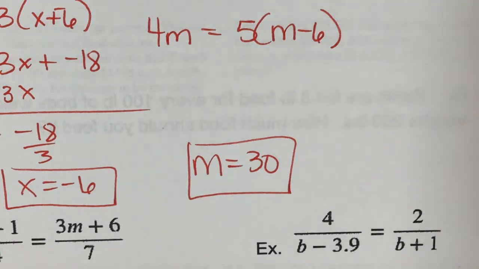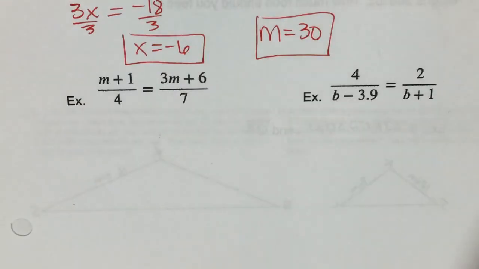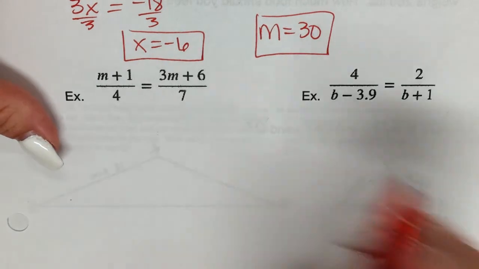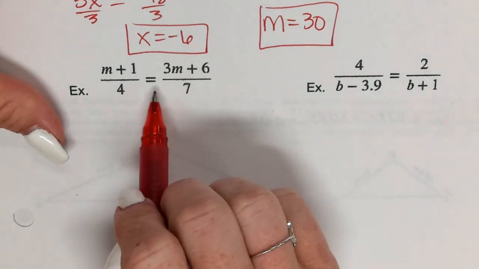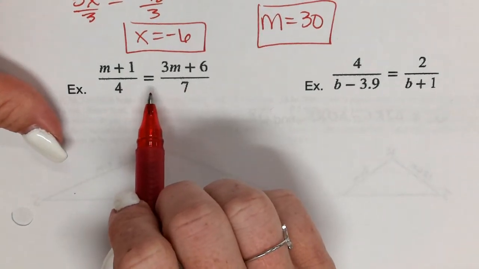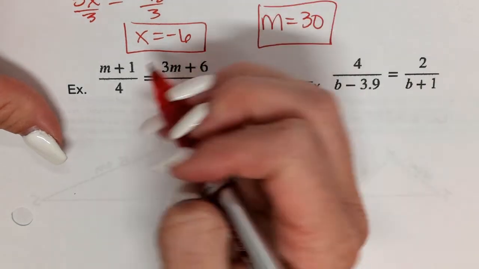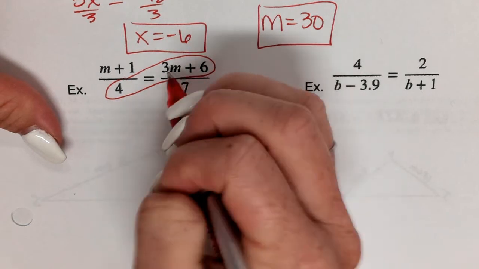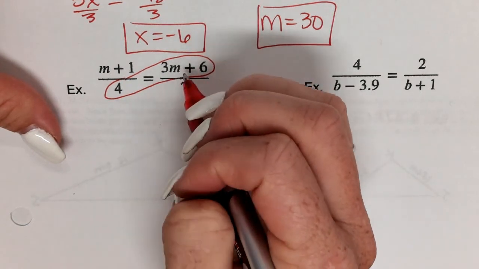All right, let's skip this next one because it's the same, and let's go to these bottom ones and talk about them. Do you see parentheses down here? If I cross multiply, this 4 has to be multiplied by all of this. So what do you think I better put?